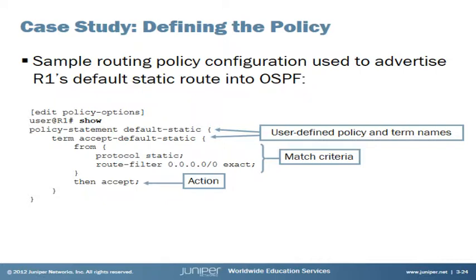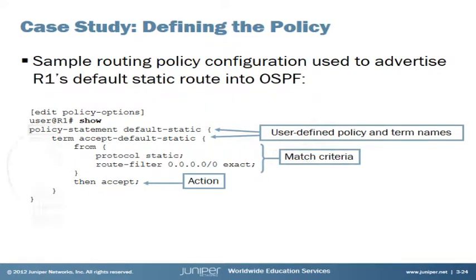Policy statement is called default-static. The term is accept-default-static from protocol static. Route filter is 0.0.0.0/0 exact. So we're looking at that exact route, which is our default route. The action is accept. There's my routing policy. Done. That's it. Configured.